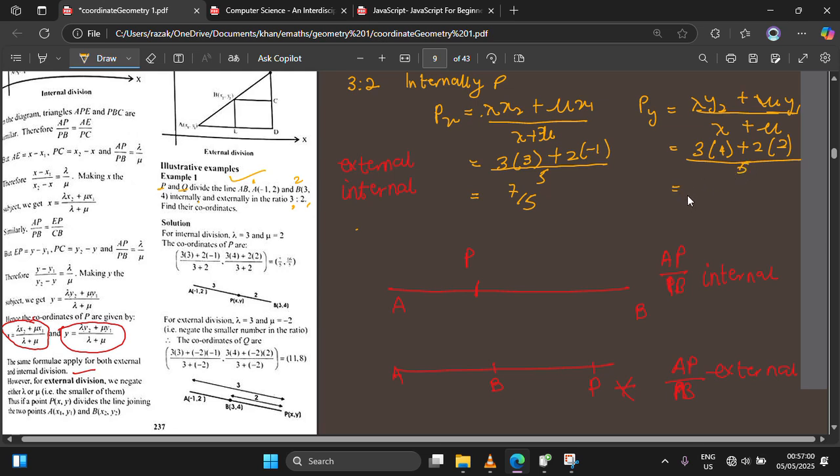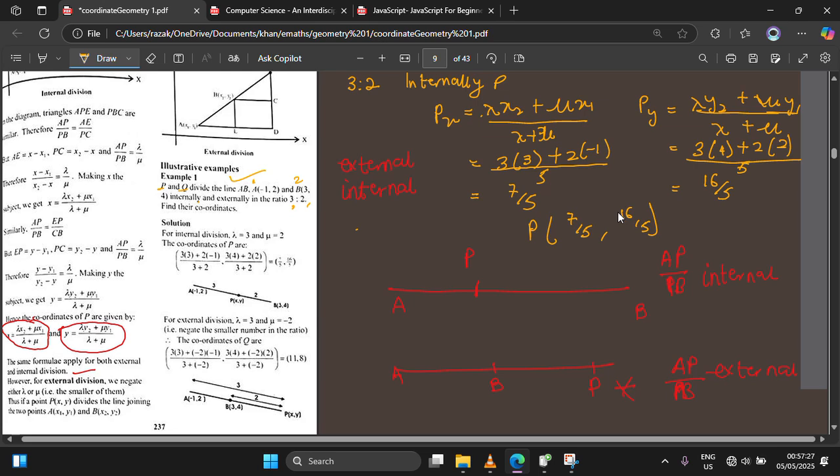We have 12 plus 4 over 5, that is 16 over 5. Perfect. So the coordinates of P are 7 over 5 and 16 over 5. And this is the point that divides the line AB internally in the ratio 3:2.